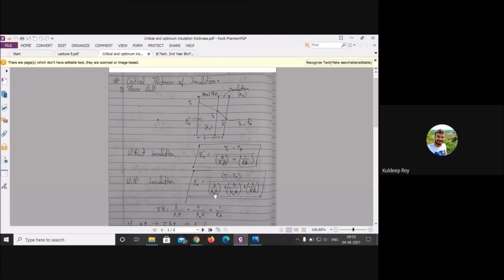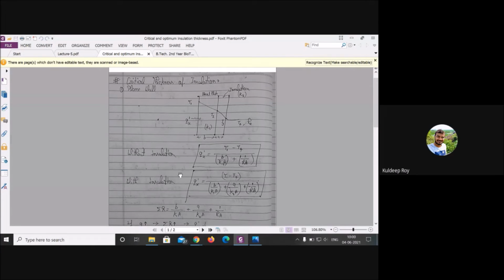L by K1A for this, and for the insulation, thickness by K2A, where K2 is the thermal conductivity of the insulating material. Then plus 1 by hA, the thermal resistance due to convection. In this system, you have to add all three terms.